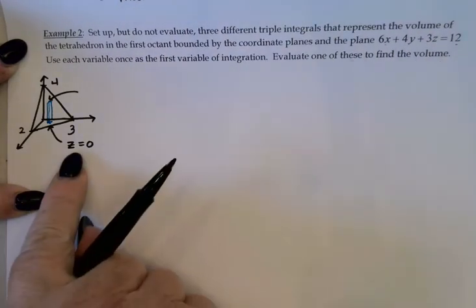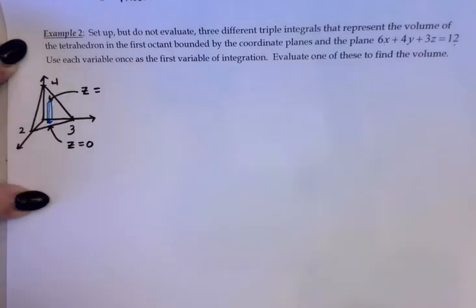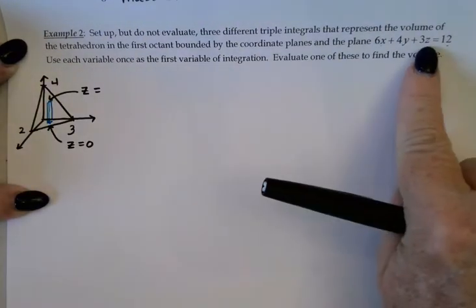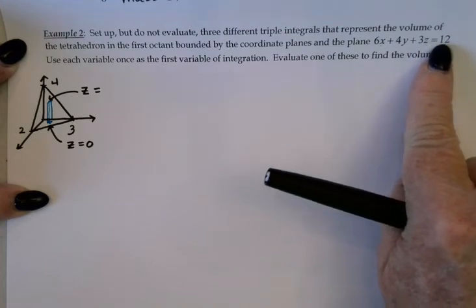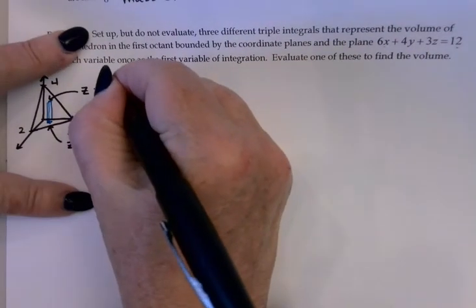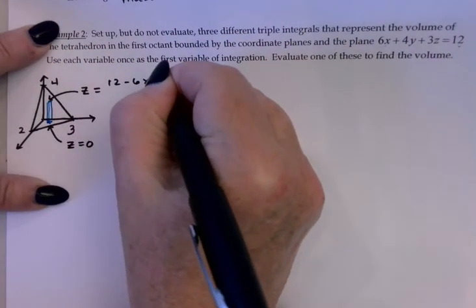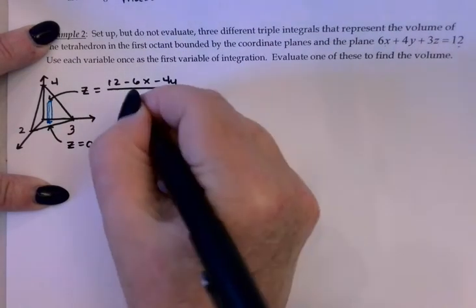Now, just like the bottom is defined as z equals, I'll have to define the top as z equals as well. So if I just sort of mentally solve this equation for z, I would have 12 minus the 6x minus the 4y, and then that's all going to get divided by 3.